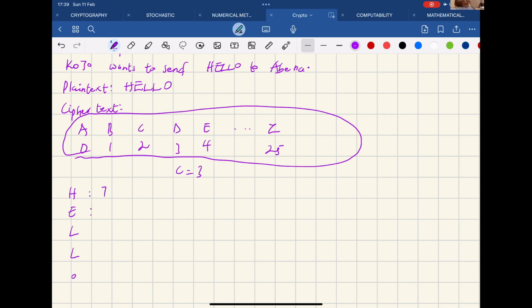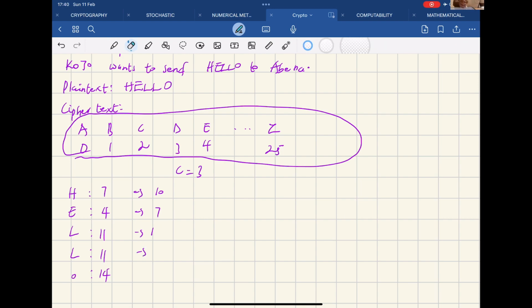Our H corresponds to 7, E is 4, L is 11 again, and O is 14. Now, if I add 3, which is my key, to each of these letters, 7 plus 3 is 10.